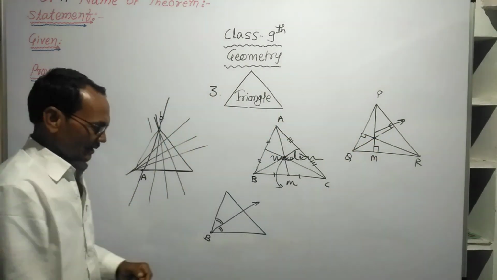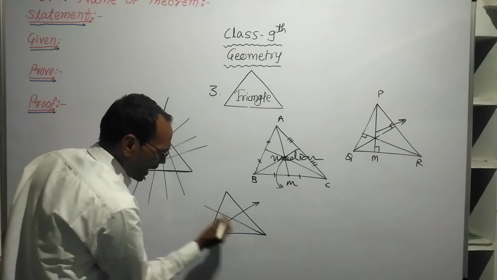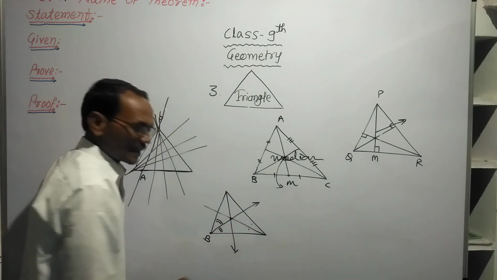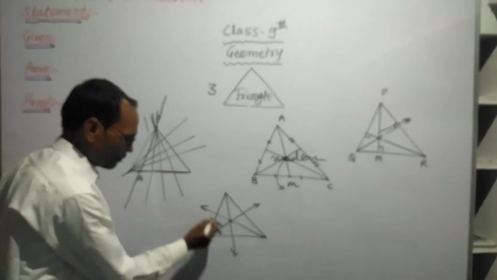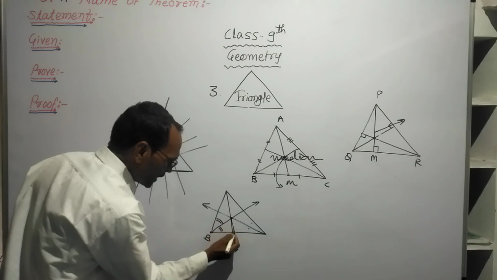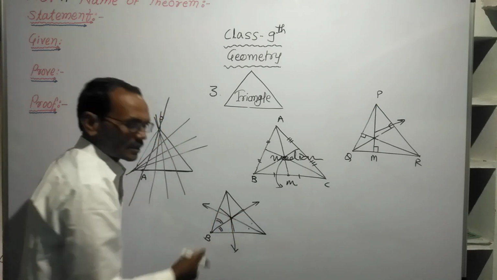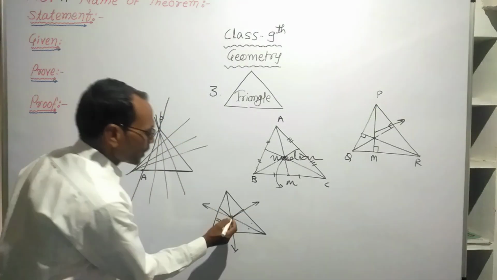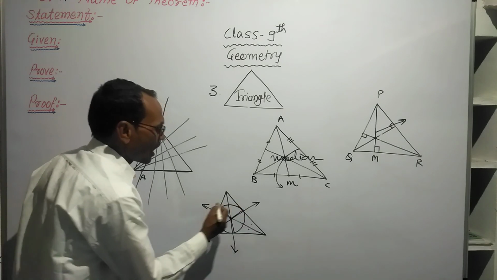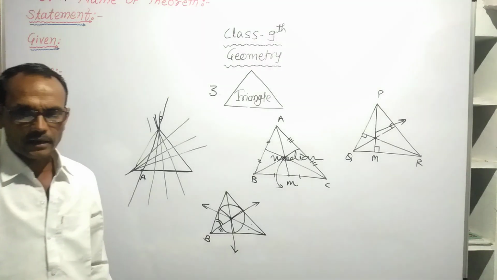In the same way, if we draw all the angle bisectors of a triangle, then they again become concurrent lines. And the concurrent point is equidistant from the sides. So the point is known as the incenter of that triangle.